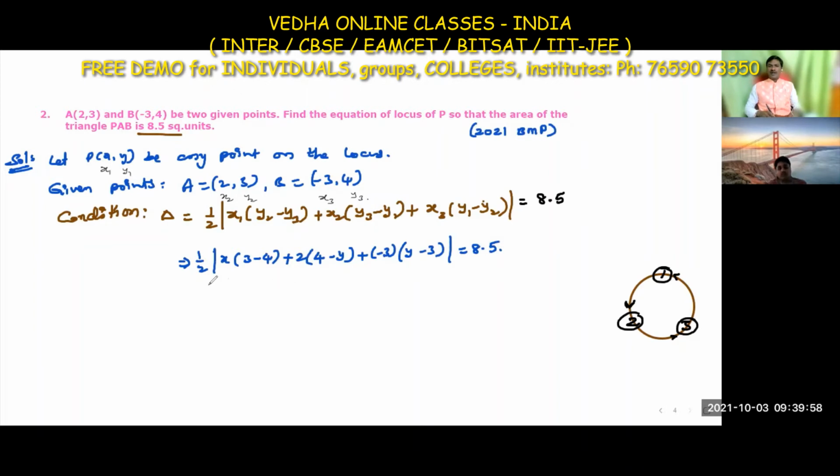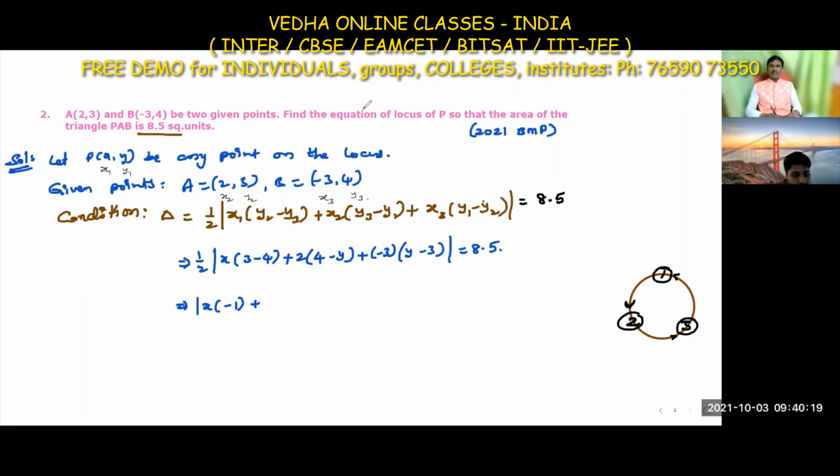I am taking this 2 to that side. Then we get the mod of x into 3 minus 4, which is minus 1, plus 2 into 4. What is 2 into 4? 8.